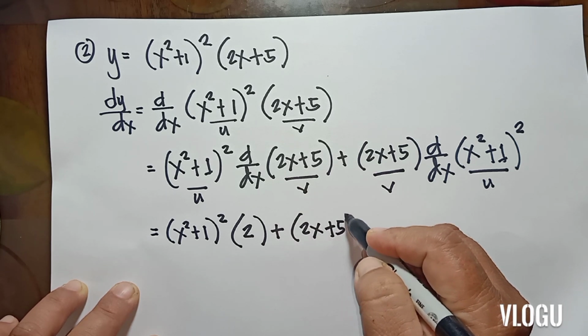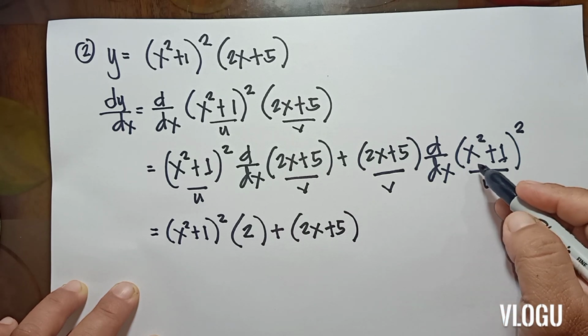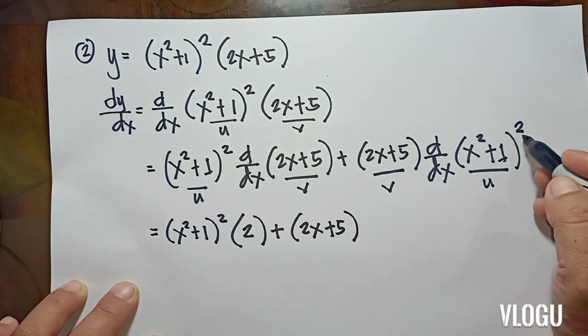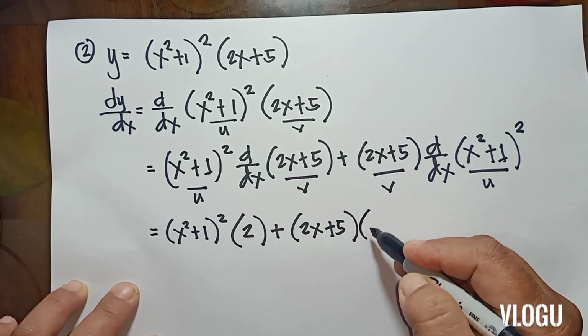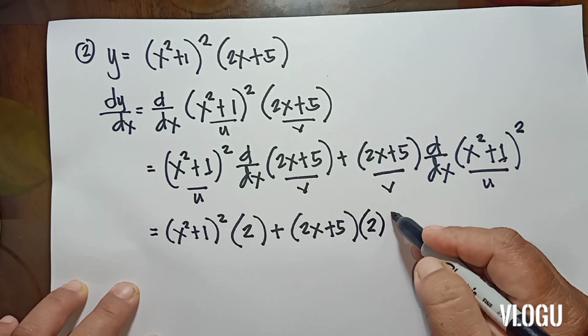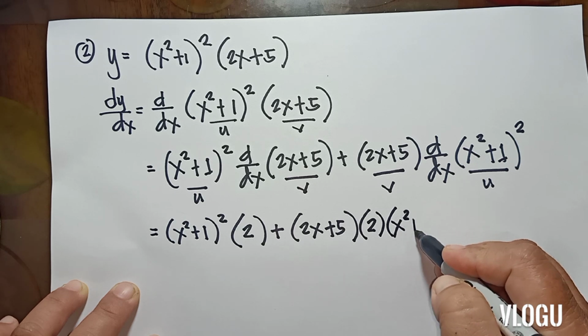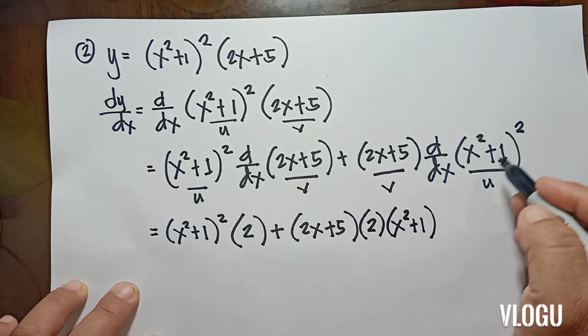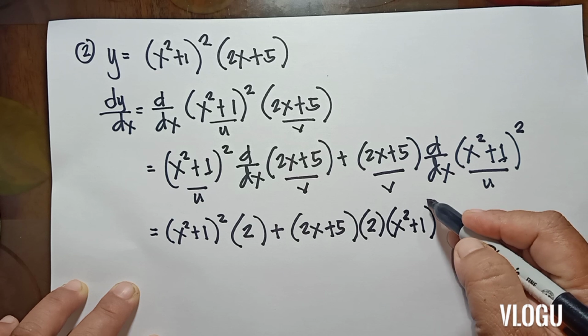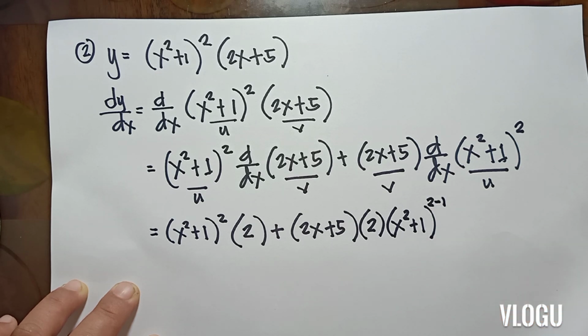2x plus 5 times the derivative. If we look here, we have an exponent of 2 outside. So we take the exponent first. So we will have 2 times (x squared plus 1), with the exponent 2 minus 1.